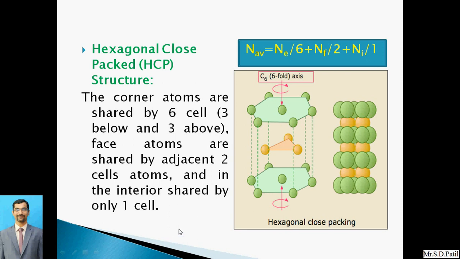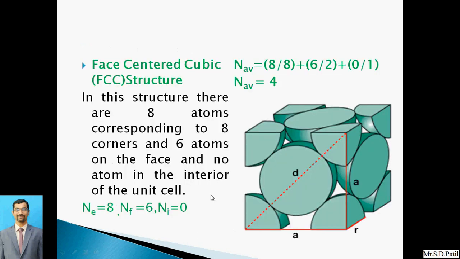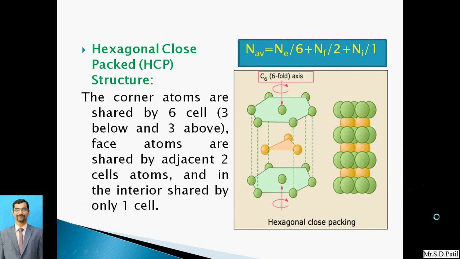Then the interior is shared by only 1 cell. 2 adjacent cells in the sense, just see in the FCC structure, the face atom is shared by the 2 adjacent cells, because half is over here and half is shared by the other cell. Okay, so this term might be clear now.